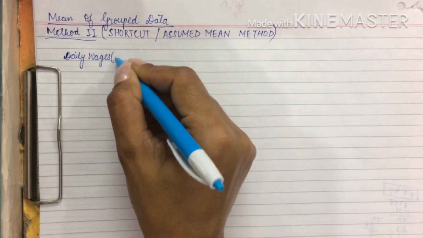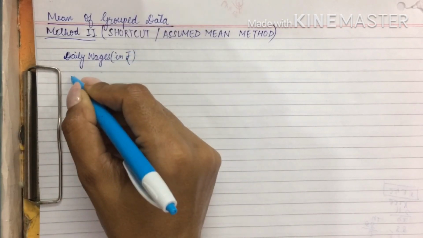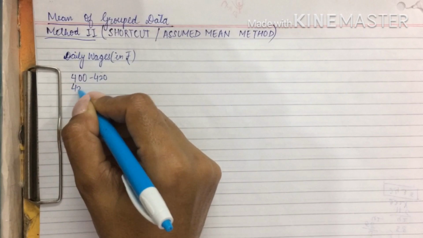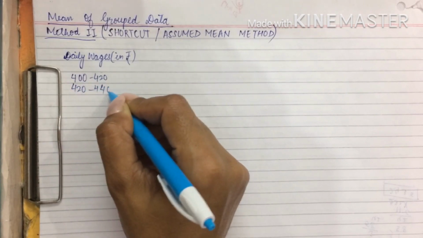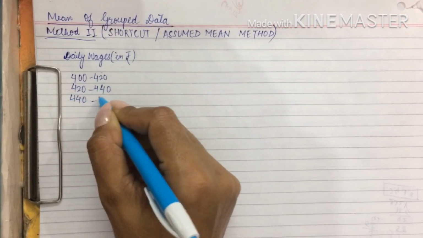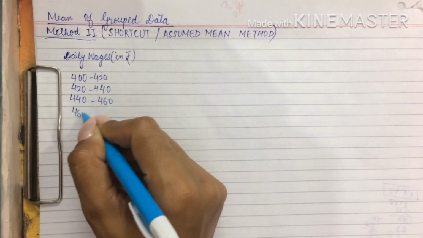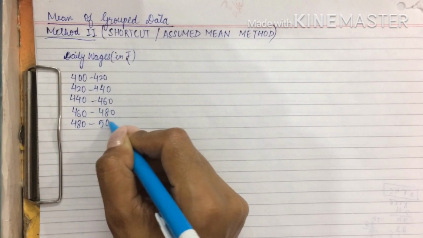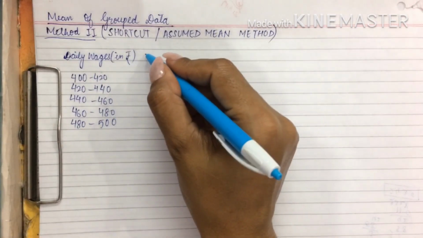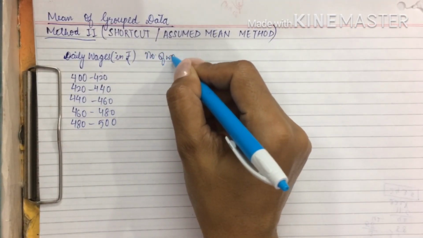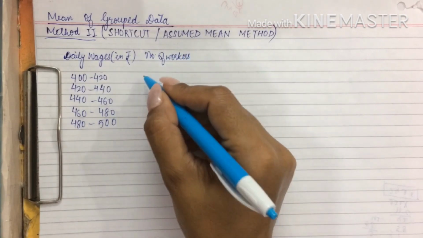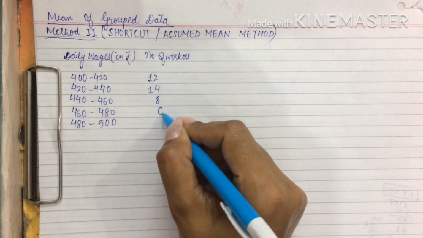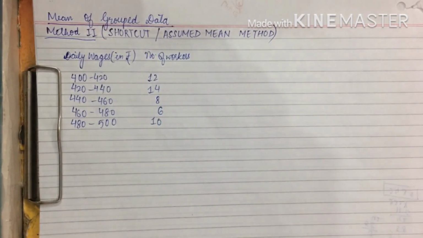The classes are 400 to 420, 420 to 440, 440 to 460, 460 to 480, 480 to 500. And the number of workers getting these wages are 12, 14, 8, 6 and 10 respectively.